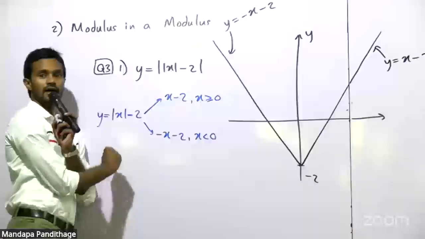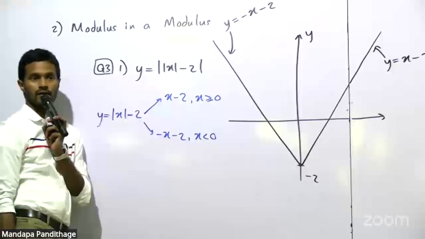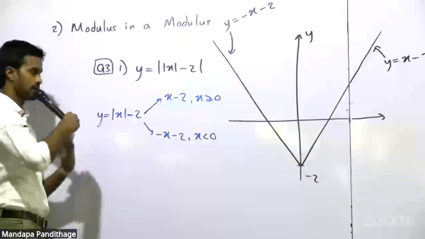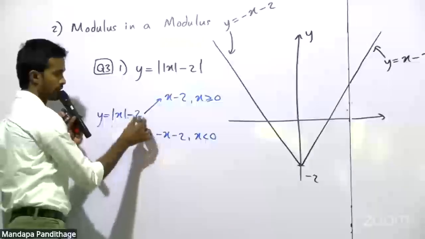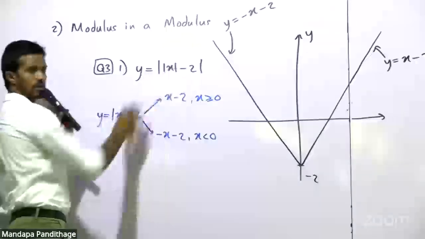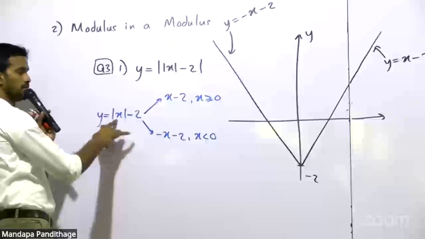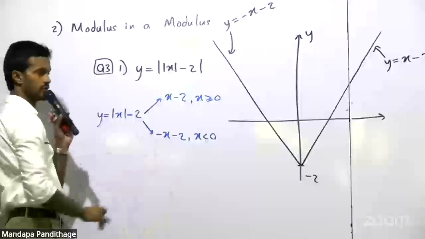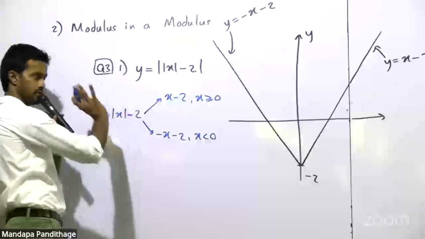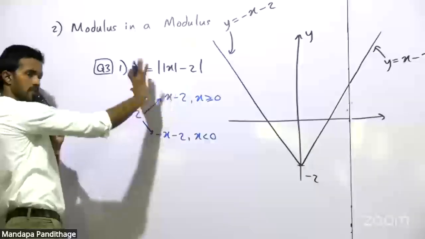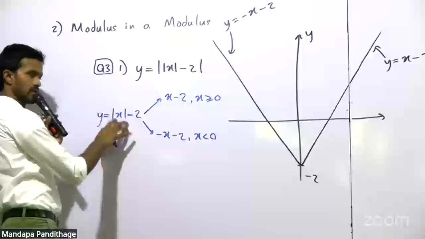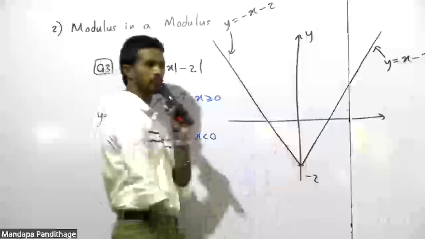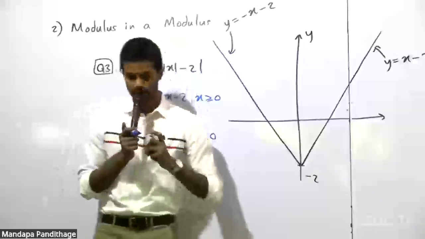First, I want you to sketch the graph of the function that is inside the modulus, which means this modulus x minus 2, and this is the graph we have drawn, because we have done every type of normal modulus graph. So these are special cases. We know how to sketch any modulus graph up to now. First do the definition and then you can do this. This is how we learn maths.